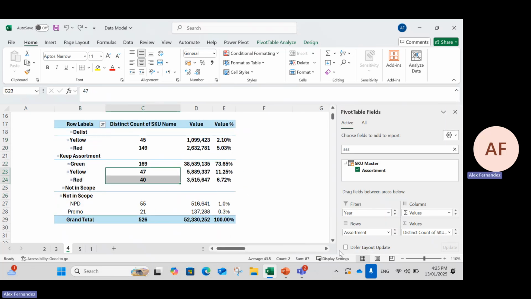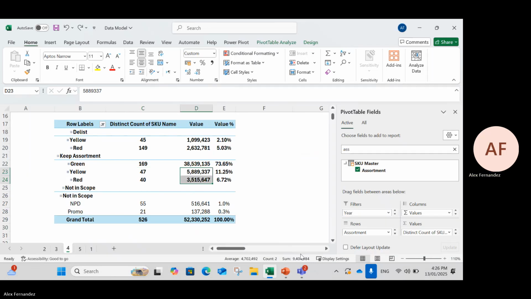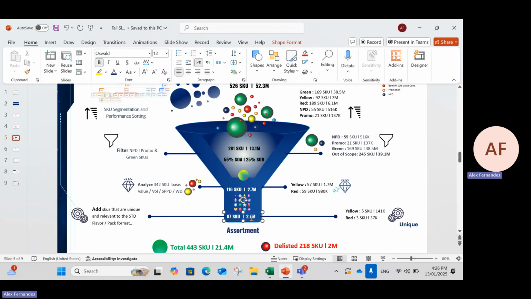We kept a total of 87 SKUs. So here 87, which is 9.4 million. And that's it. This number we don't need, we delete.